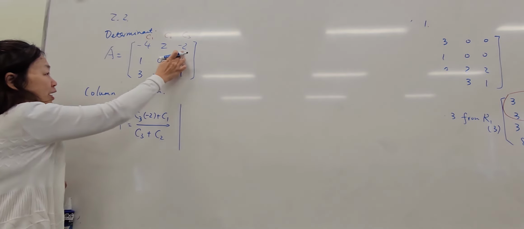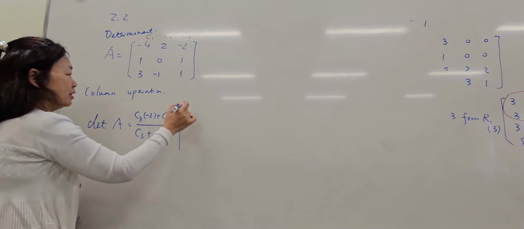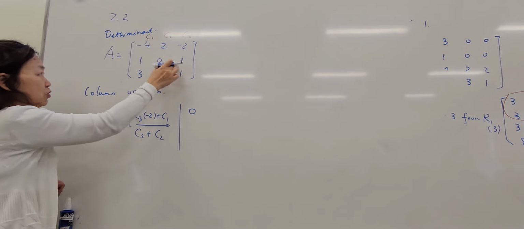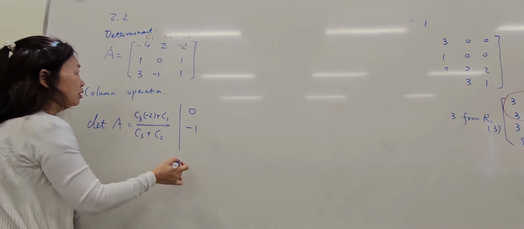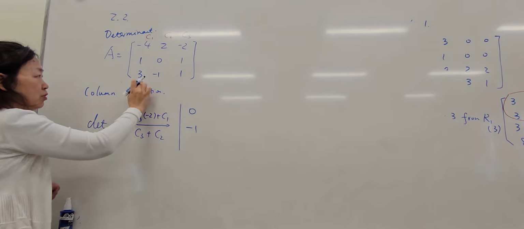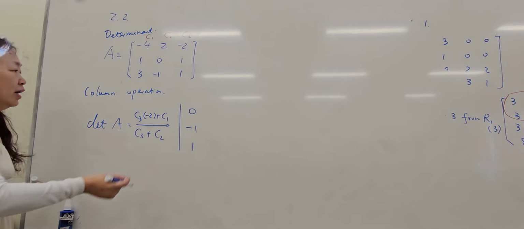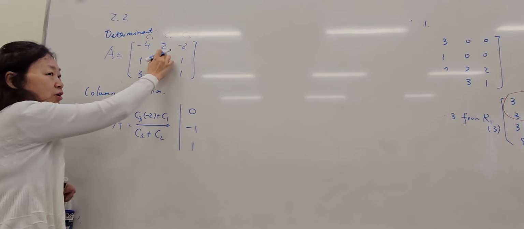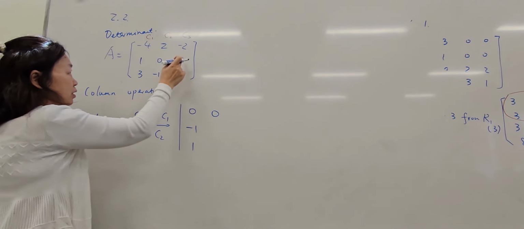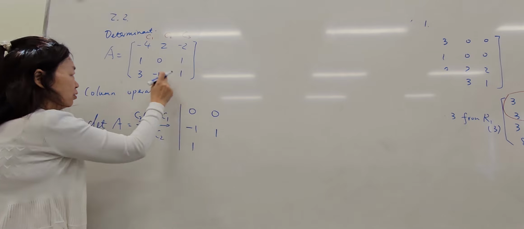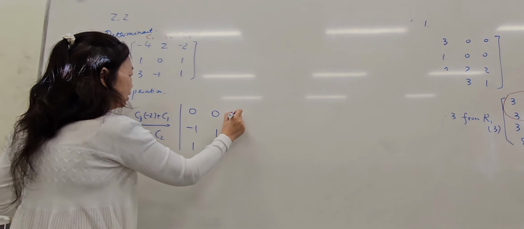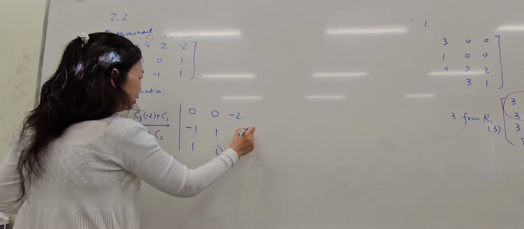And you can see here when I times by -2 add to here, I get 0. -2 add to here, I get -1. Okay? -2 add to here, I get 1. Right? And then column 3 add to column 2, I get 0. Add to here's 1. Add to here's a 0. And then I get -2, 1, 1.